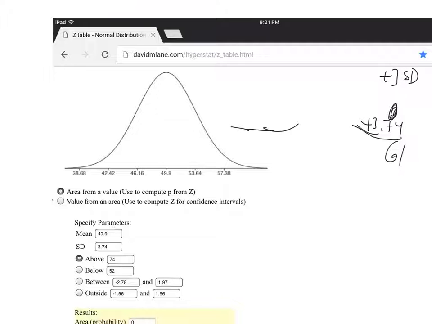And we know that plus or minus 3 standard deviations will catch 99.7% of the distribution. And since a length of 74 is way outside that, there's almost no chance that that's going to happen, and that's what this applet's showing us. Okay, hopefully you're making that connection.